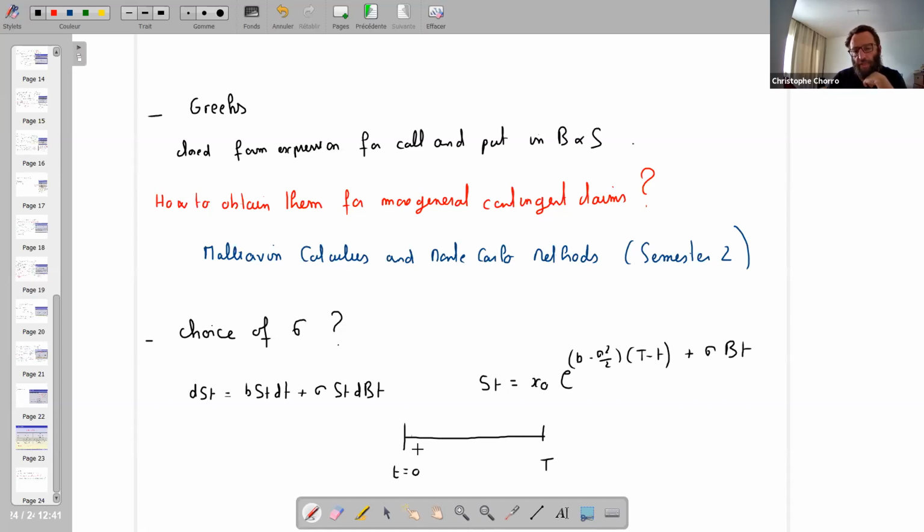In general, if you want to forecast the price of a financial product, you have to fix the parameters of interest in the model. In the Black-Scholes model, the only parameter of interest for pricing is the volatility, because b disappears in the pricing problem. And how to do this in general? We are going to try to estimate it using data from the past.